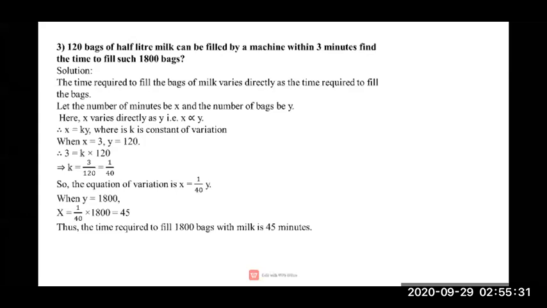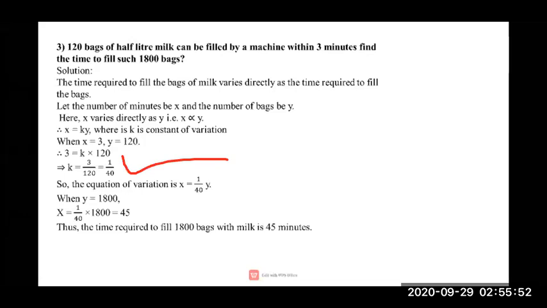They have given the values of x and y. Here the x value is 3 and the y value is 120. Putting in the formula x equal to ky, we get 3 equal to k into 120.